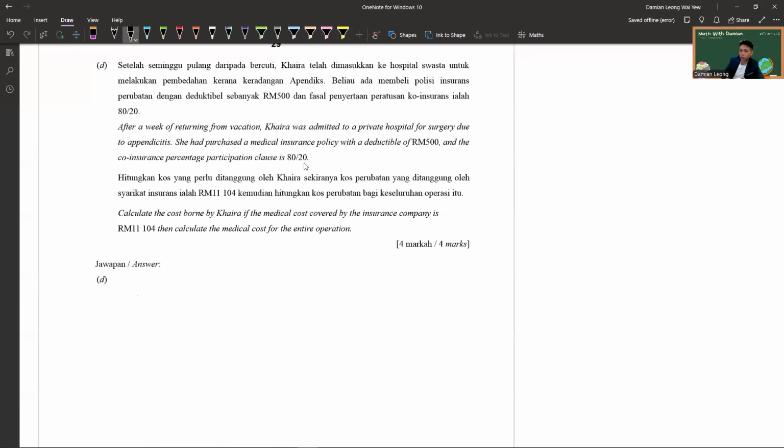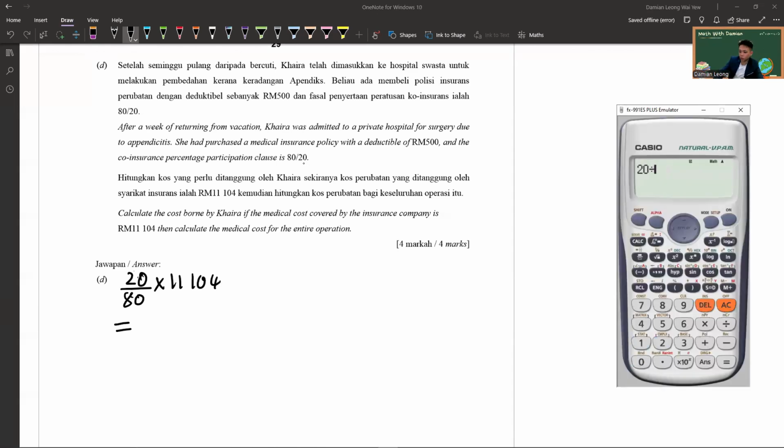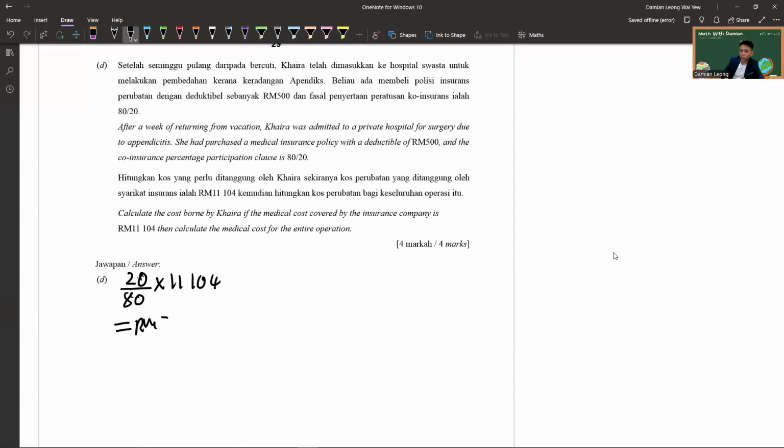means 11,104, I divide by 80% times back 20%. 20 over 80 times 11,104. So 2,776 ringgit.